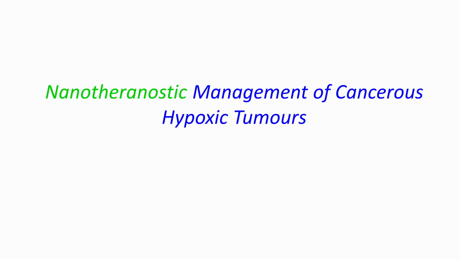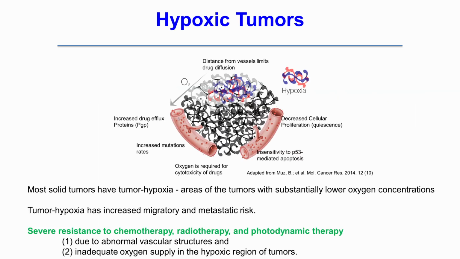The final project I'm going to talk about is on hypoxic tumors using a nanotheranostic drug. Just a brief overview on hypoxic tumors: hypoxic tumors are mainly regions which are poorly oxygenated, due to abnormal vascular structures and inadequate oxygen supply.